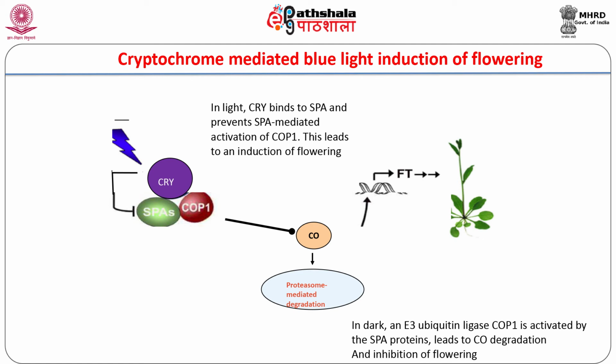Activated COP1 ubiquitinates CO protein, which brings about the proteolysis of CO. This leads to an inhibition of flowering induction. In light, the active form of cryptochrome binds to SPA and prevents SPA-mediated activation of COP1. This leads to an induction of flowering.